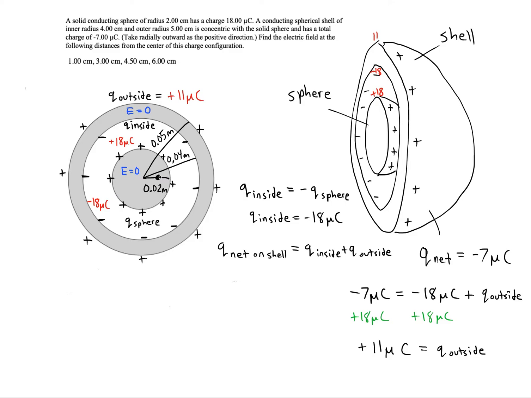One of them is right here. There's a point which is between the space of the shell and the sphere. There's one which is in the shell's material itself, 4.5 centimeters, and then finally there's one outside the entire setup.